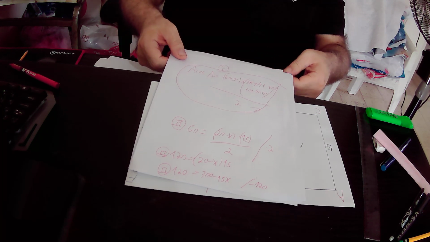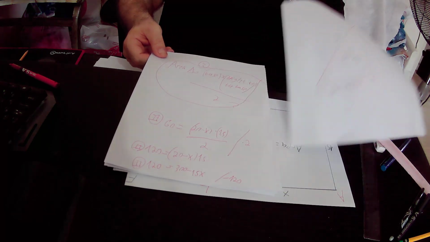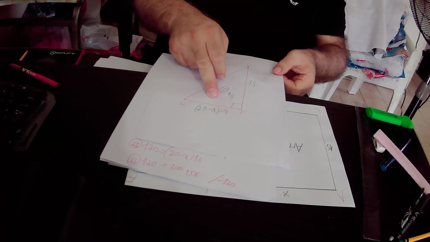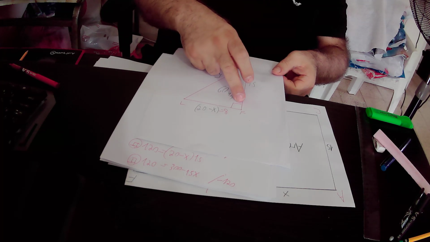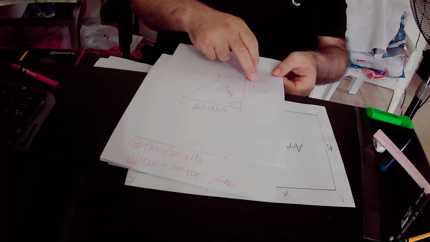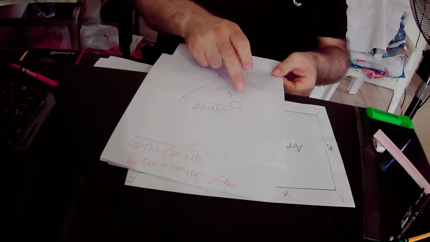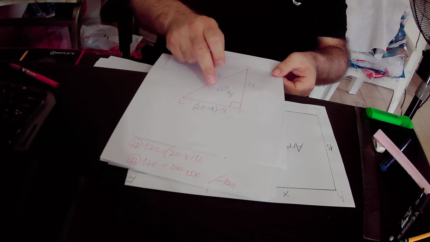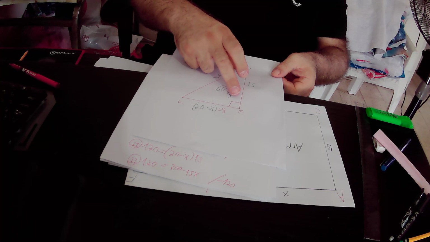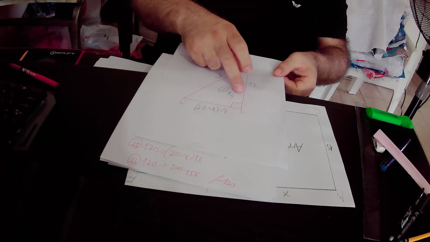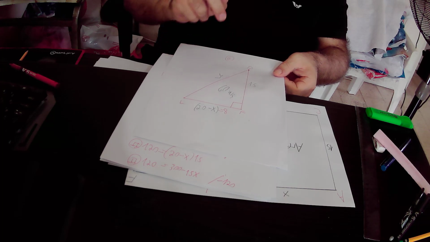So the area of this right triangle will be equal to the base of the triangle, that is 20 minus x, times the height to the base, that is 15 units. You should remember that the height must create 90 degrees with the base, and FD, that is the height, creates 90 degrees with the base because FD is perpendicular to LF.